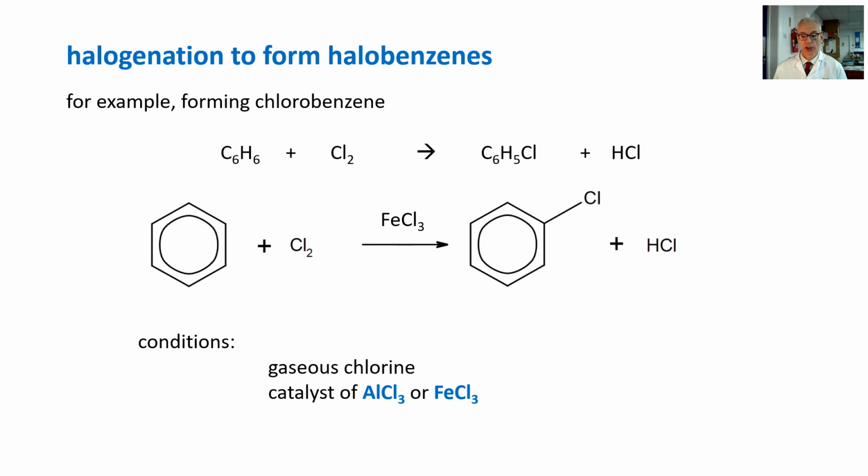However, just a point here, if we weren't adding chlorine, but we were adding bromine, then the catalyst would be iron 3 bromide, and so on. Same for iodine. So there has to be an agreement between the halogen and what's called the halogen carrier, the catalyst. So bromine, we need iron tribromide as catalyst. Chlorine, the halogen carrier, is iron 3 chloride.